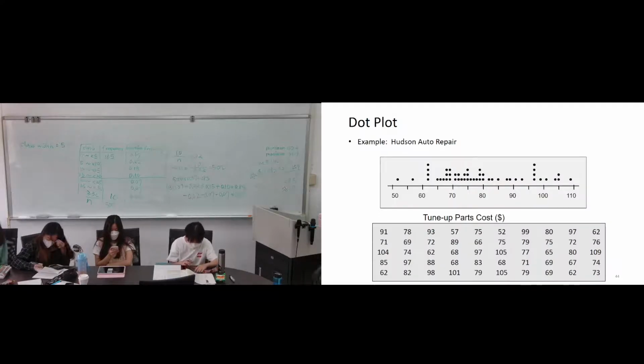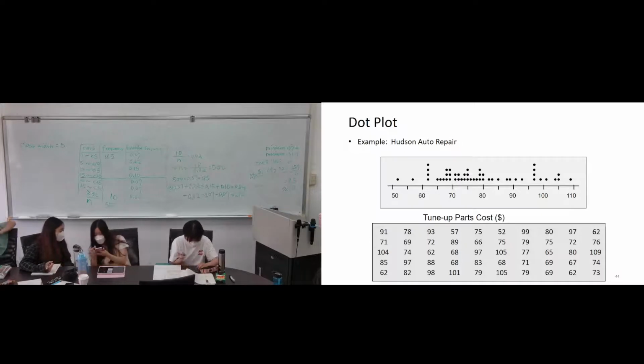So from the Hudson Auto Repair, 50 tune-up parts costs, we can use the dot plot. The horizontal axis presents from 50 to 60, 70, 80, 90, 100, and 110.